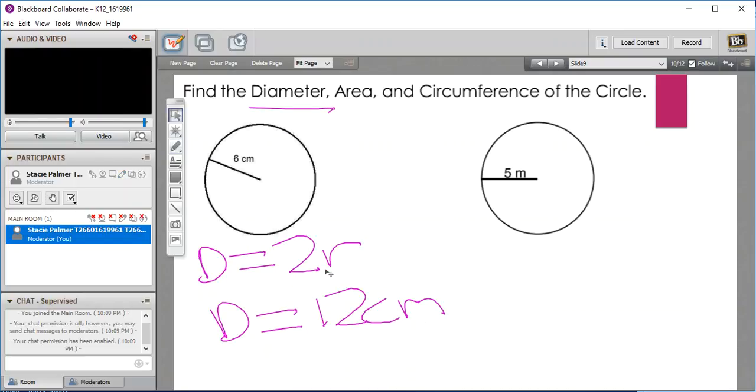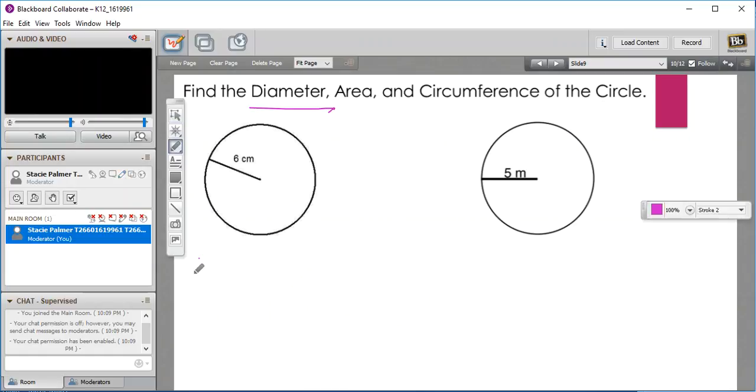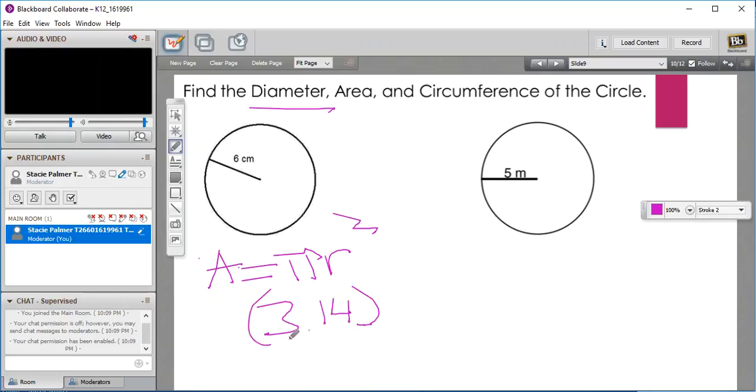Okay, so we just did this one. Now let's go ahead and find area. So to find area for a circle, we do pi times radius squared. Well, we're going to assume that pi is 3.14 and our radius is 6. So this is pi times 6 squared. Now you have to be careful here.